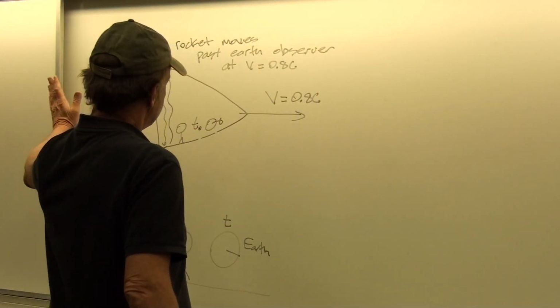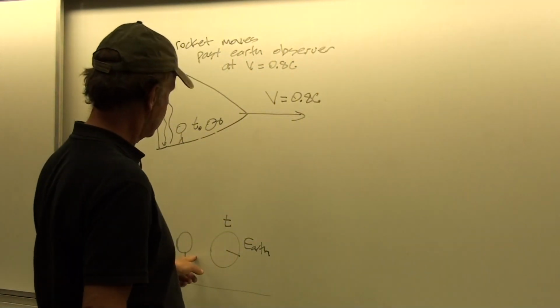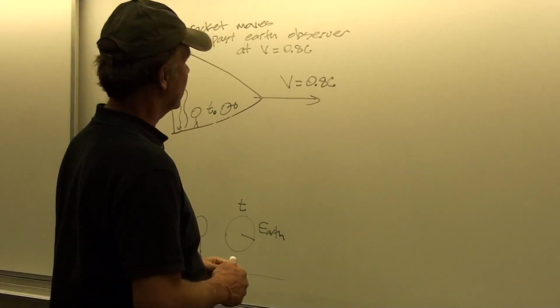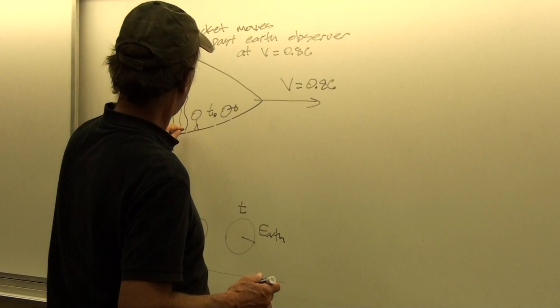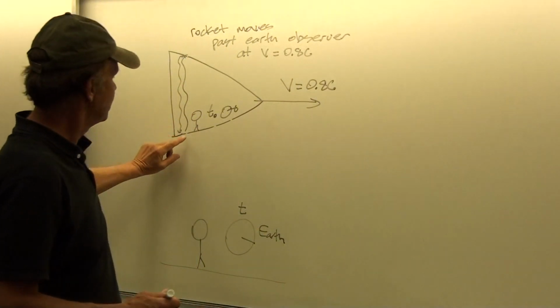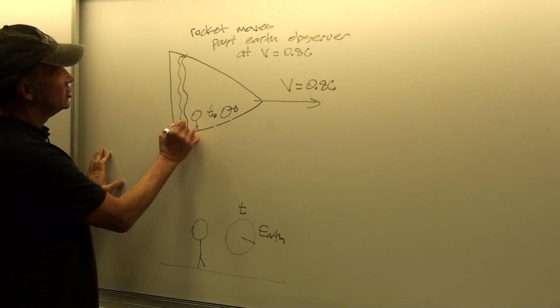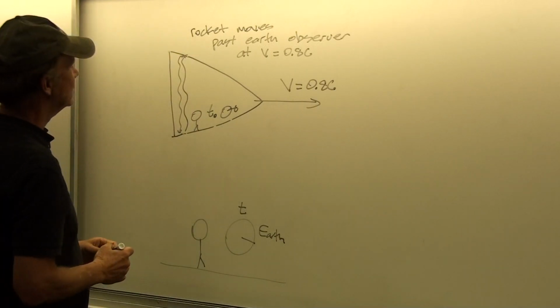And so as this rocket passes by this observer on the Earth, we're going to look at an event which takes place. That event is a light beam going across and back across the rocket ship. Here, the rocket traveler shines the light beam. The light beam travels through this distance.